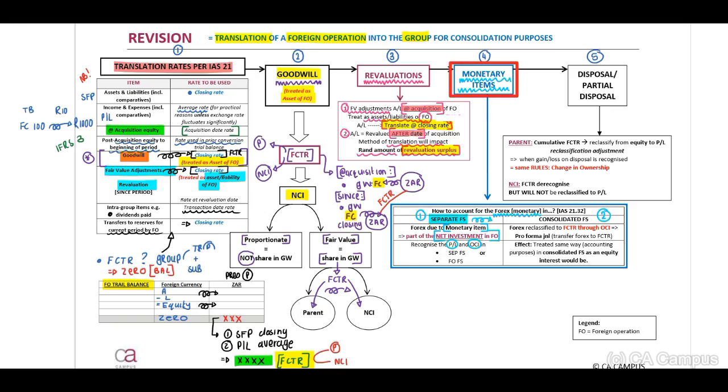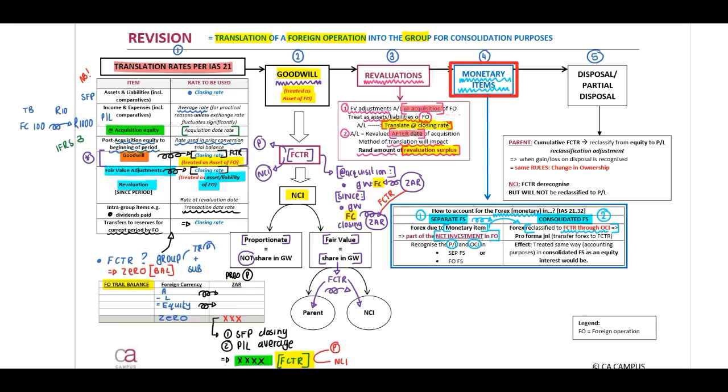Now, when you look at your consolidated financials, and this is the rule that you need to study, the foreign currency that we have recognized in our separate records, very important guys, should now be reclassified to the FCTR account through our OCI.